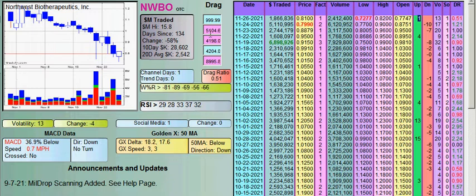The day before, on 11/24, $5 million moved her down 10%, okay? So that's why this drag here is 5104, because a lot of money moved her down quite a bit.